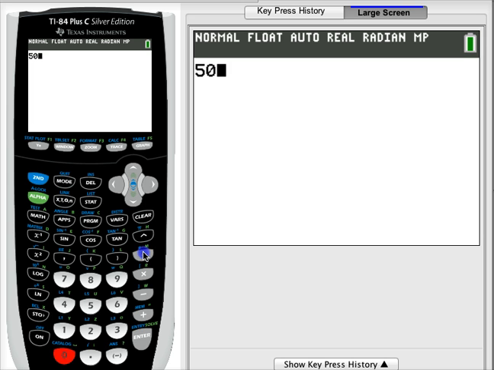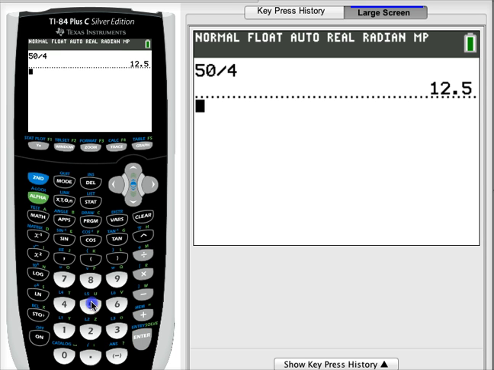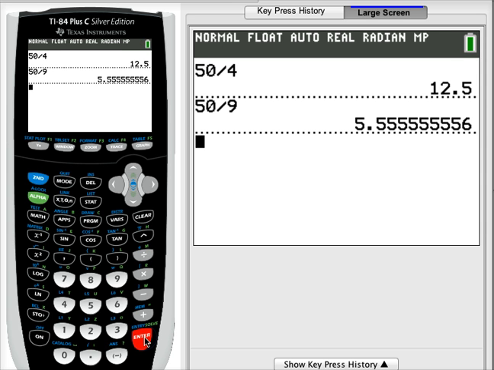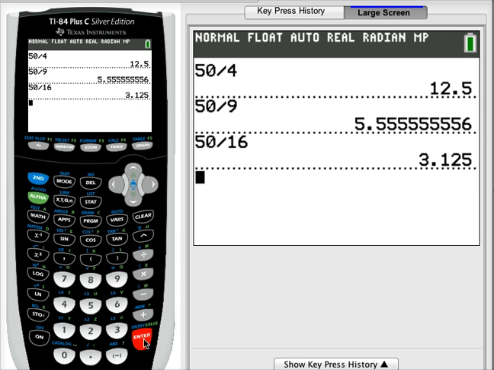Take 50 and try 4. That's the first perfect square. And you can see it doesn't pull out nicely. You can try 9. Also doesn't work. You can try 16. Also doesn't work.